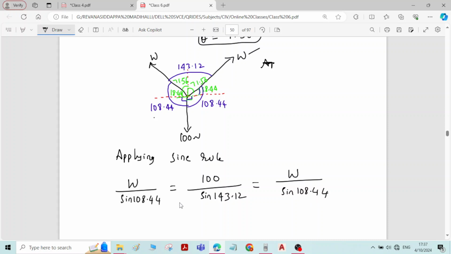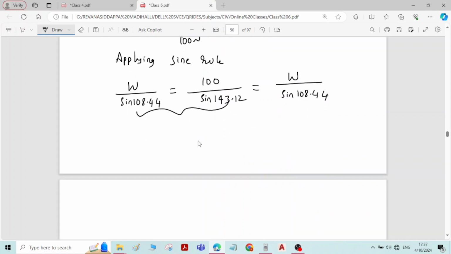You can consider either the first and second equation or the second and third equation. You can solve for W.